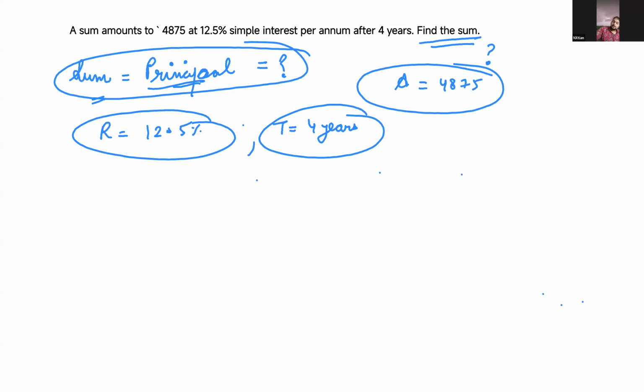So amount is equal to principal plus interest. Yes or no? Now amount is 4,875. Principal I don't know. Even the interest I also don't know. So I will send this plus P to the other side and it will become minus. So 4,875 minus P is equal to I.